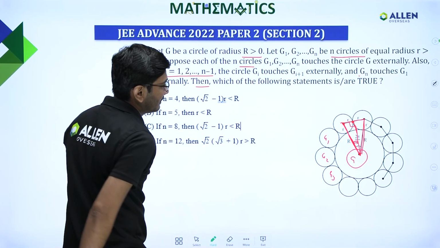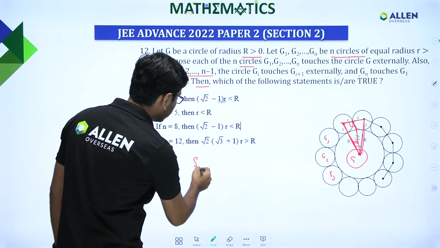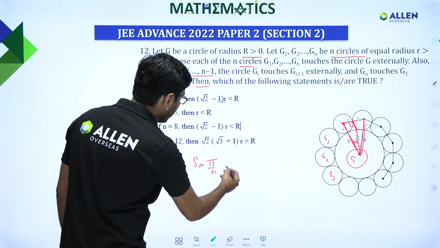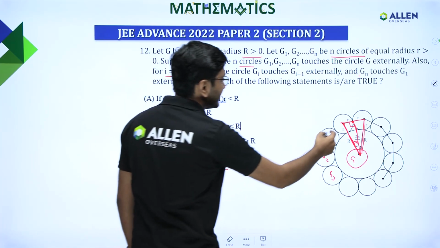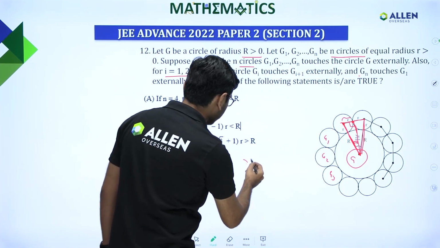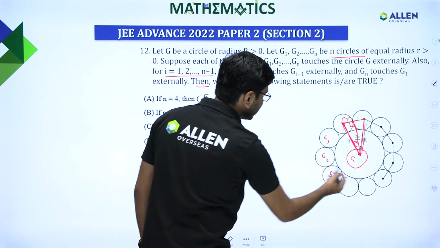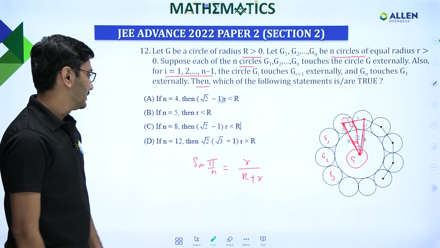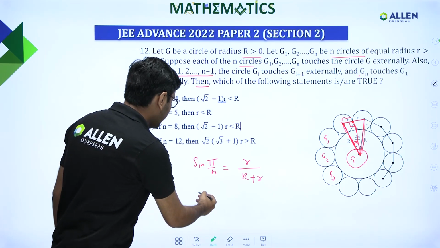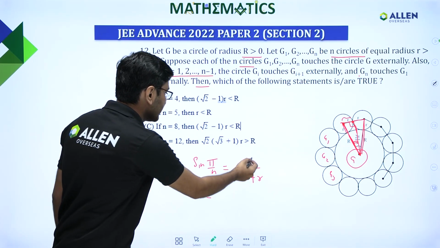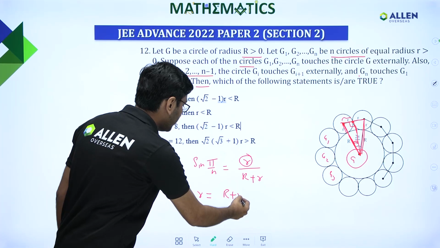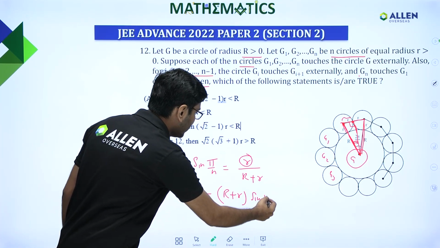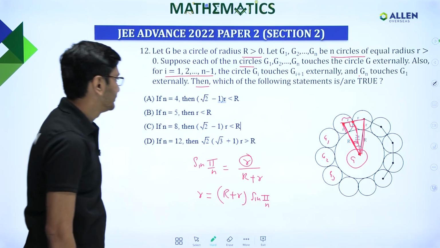So, if I calculate sine of pi by n, I will get sine of pi by n as the opposite side, that is small r, divided by the hypotenuse, that is capital R plus small r. So definitely I am getting an equation like this: small r equals capital R plus small r into sine of pi by n.